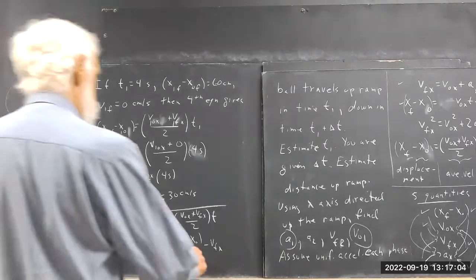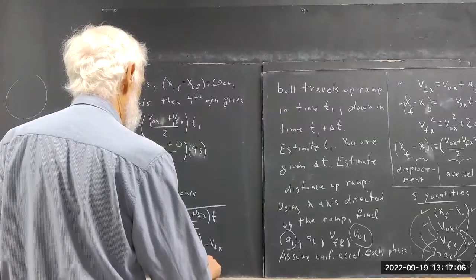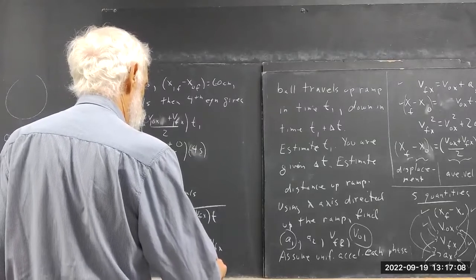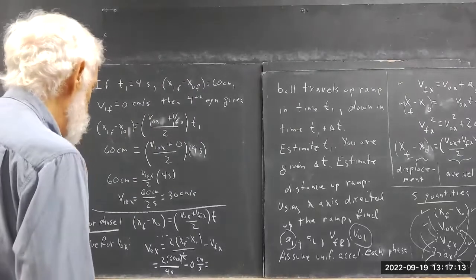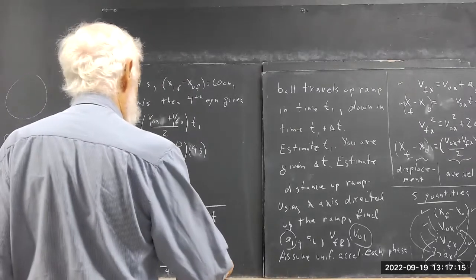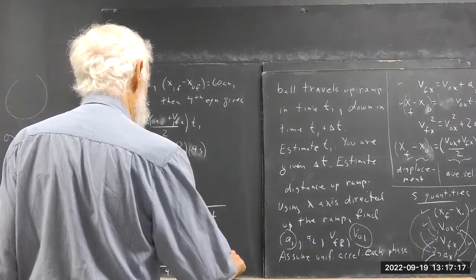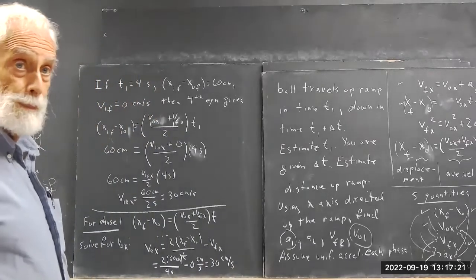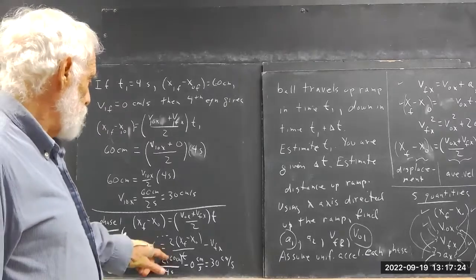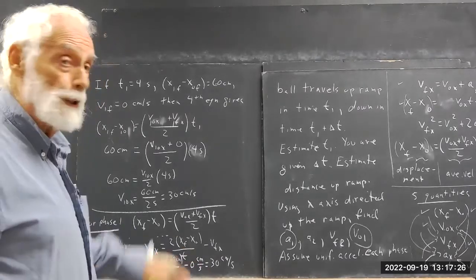Or 0 centimeters per second if you want to be really strict about units. And if you want to be right, you probably want to be very strict about units right now. Okay. And that's 30 centimeters per second.